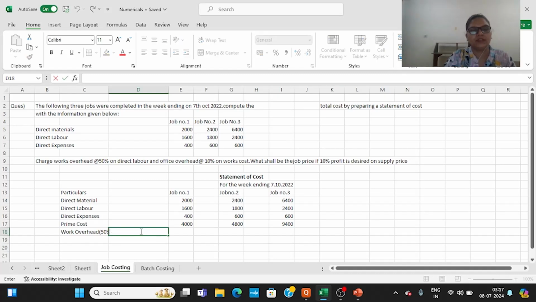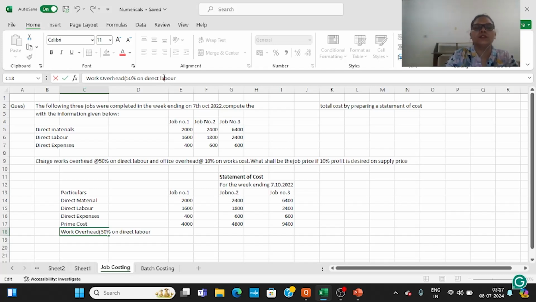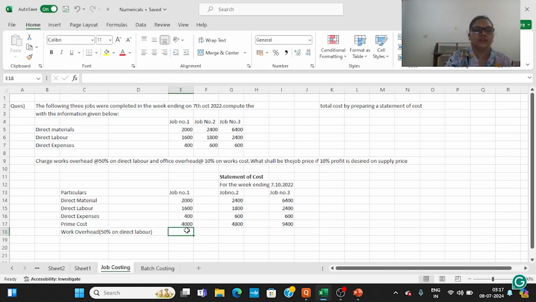So we will calculate 50% of direct labor. For 1600, 50% will be 800. For 1800, 50% will be 900. And for 2400, 50% will be 1200.